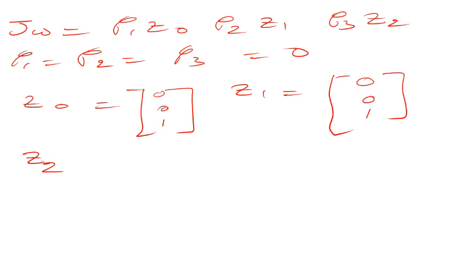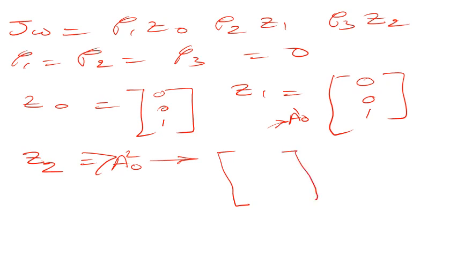So Z1 is also 0, 0, 1, and Z2 should be from A02, which is again 0, 0, 1.